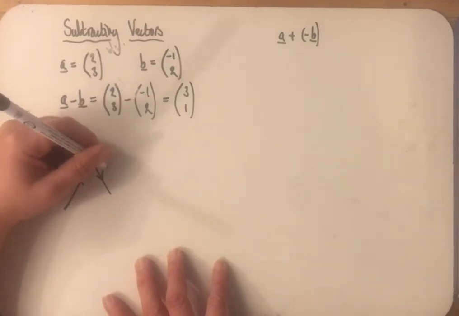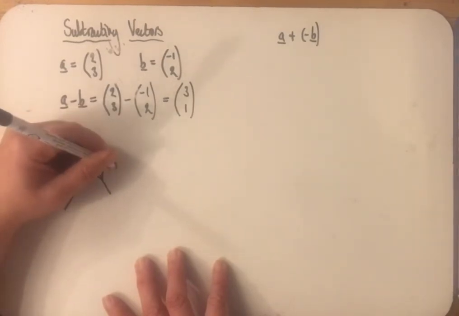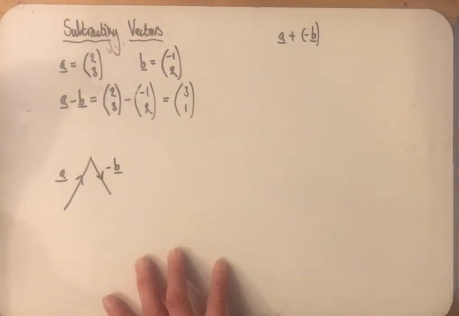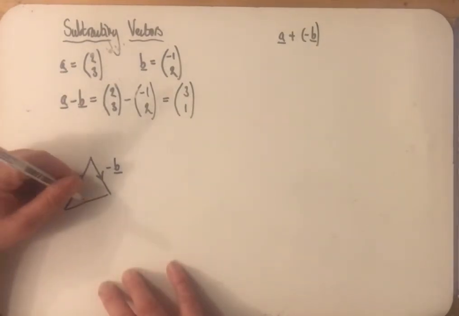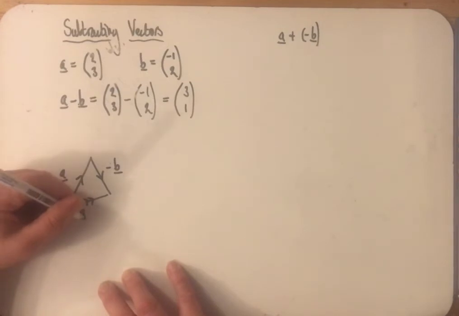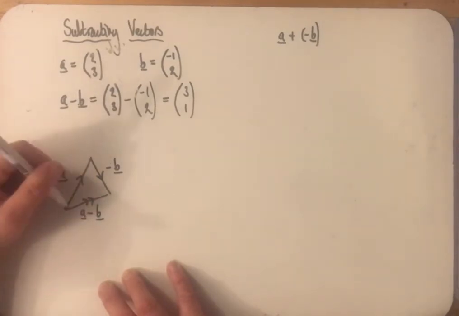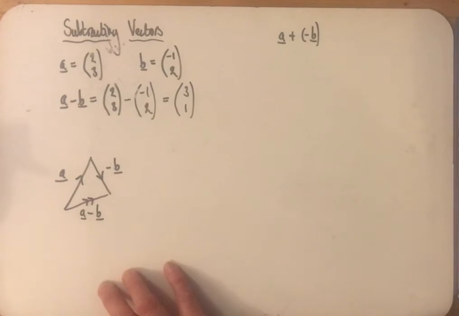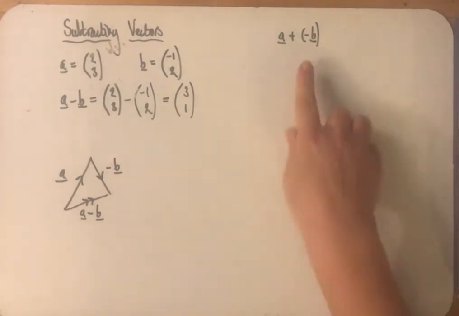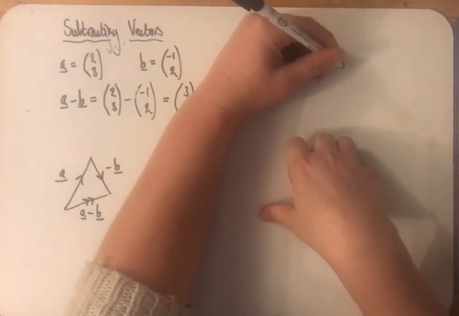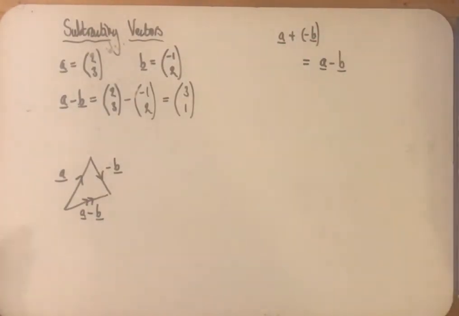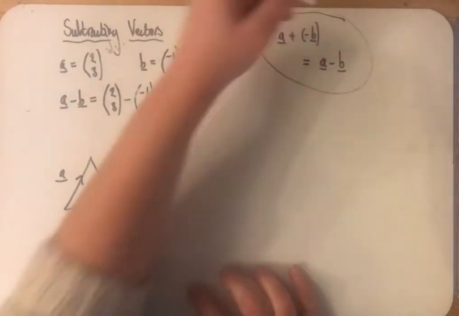So that there is equal to minus B. And then that gives you this resultant here of A minus B, which is going along 3 and up 1. So A plus negative B is equal to A minus B. So as you're used to when working with numbers. So that's what's happening when you subtract them.